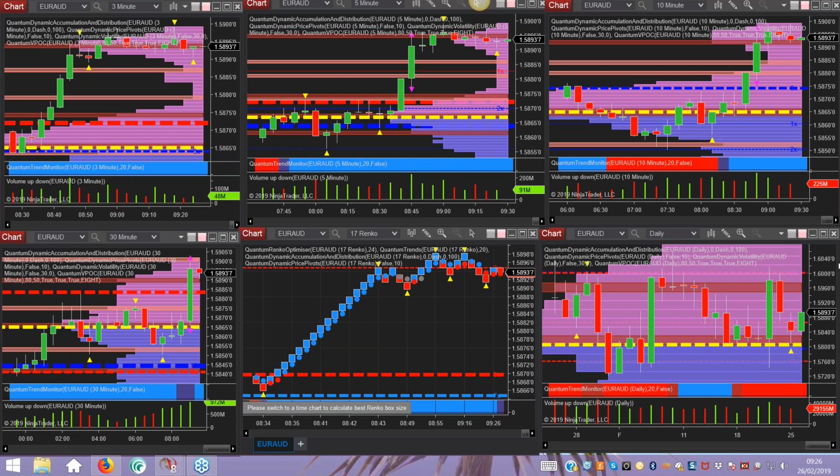A breakout, what are we looking for in terms of a test? When you're looking at a breakout in any market, it doesn't matter which market you're looking at, you're looking for the price action to move back in.